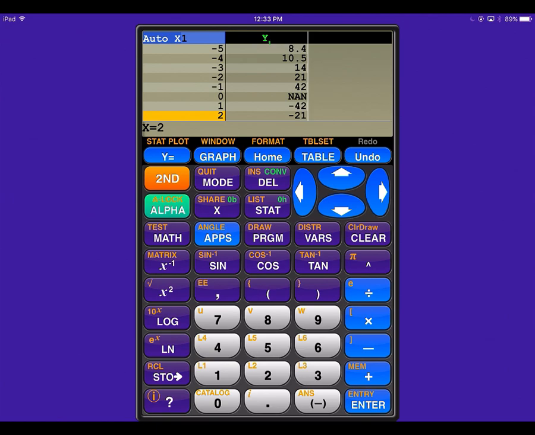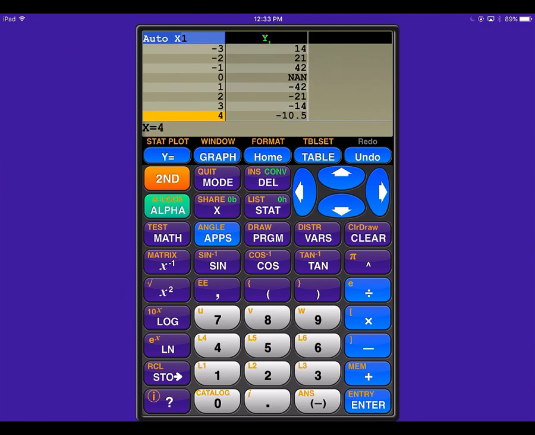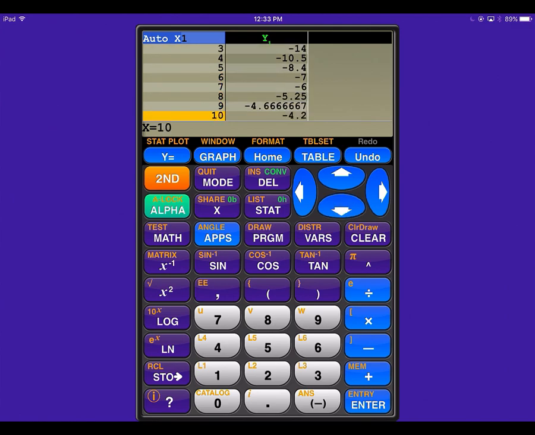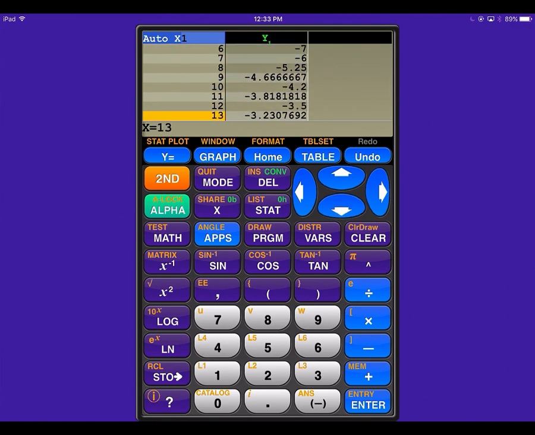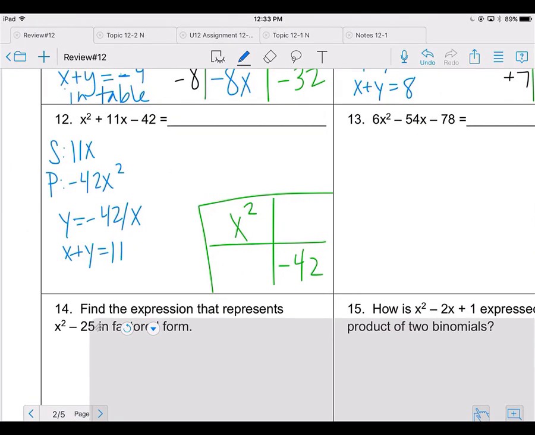That is important. 2 plus negative 21 is negative 19. 3 plus negative 14 is a negative 11, but I need a positive. 6 and 7 have a difference of 1. 14 minus 3 would get me 11. So my factors are 14x and a 3x.